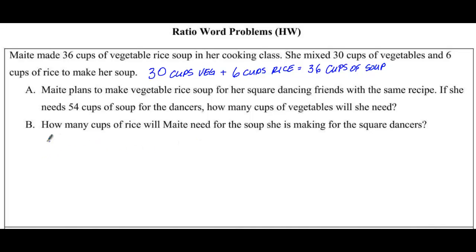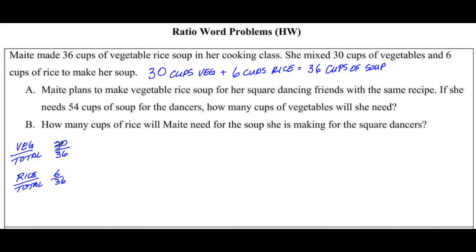We're going to convert those into some ratios. So our first ratio is going to be the amount of vegetables compared to the total. And we know that that is 30 to 36. Our second ratio is going to be the amount of rice to the total. And we know that that is 6 to 36.